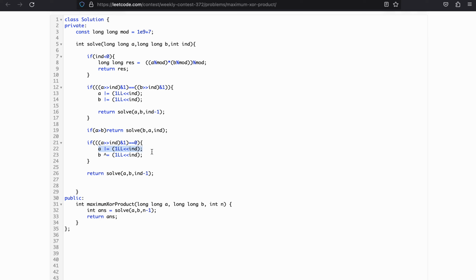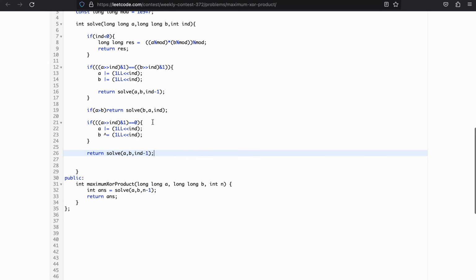So we take the or operation, and we take xor so that the ith bit in b becomes 0, and then we calculate the same thing for the next bit.